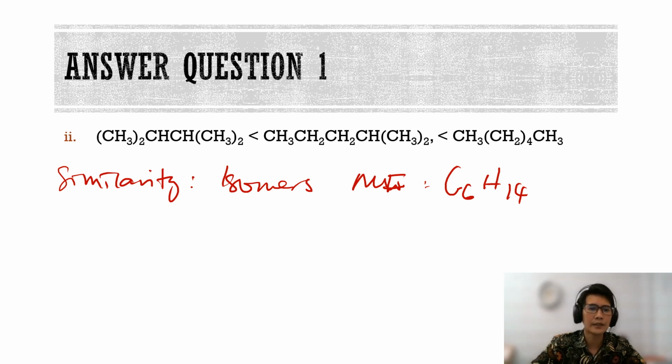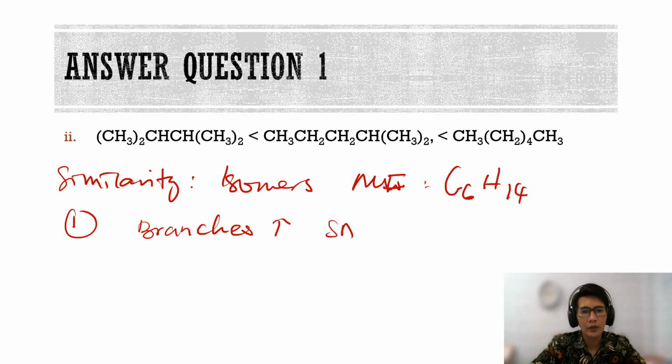Okay, number of branching. So we see what is the effect of the branches. Okay, number one, more branching or more branches, the surface area will be smaller. Okay, and then you just follow the points same as the previous question.